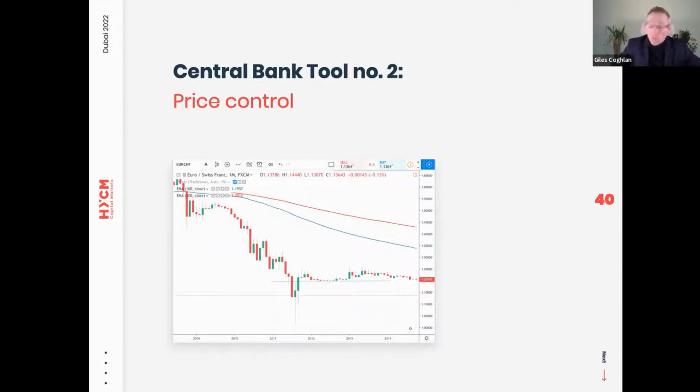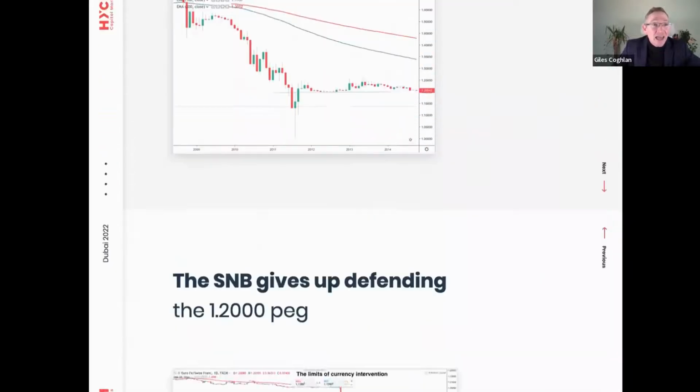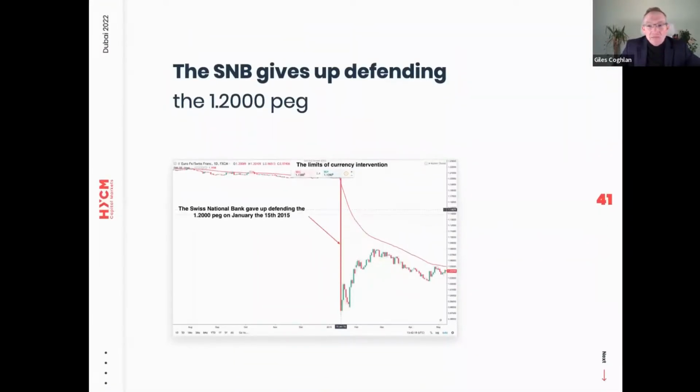They managed it for about 3 or 4 years, and then they gave up defending the peg, very famously, on January the 15th, 2015. The Swiss franc moved by about 40% in about 10 minutes. Hedge funds went bankrupt. Loads of retail traders went bankrupt. Defending a currency level is basically always unsuccessful.